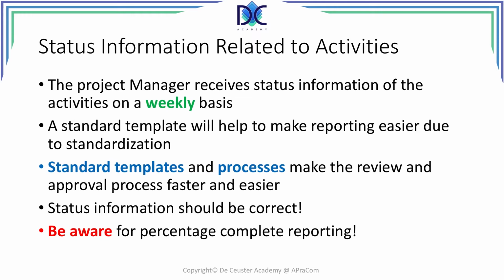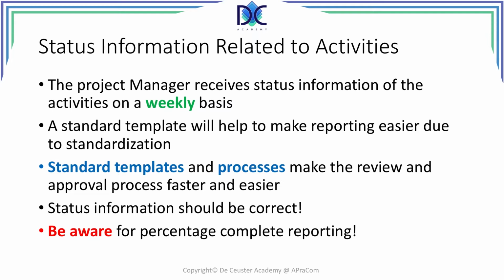When you look at schedule information, status information related to the timing of the activities, it is very important to be aware that percentage complete reporting may not always be correct. For example, you have a 4-period task.